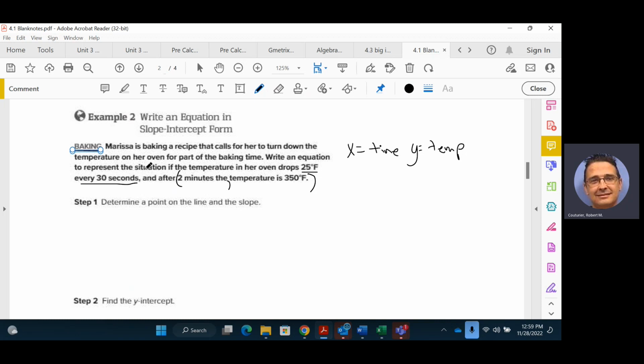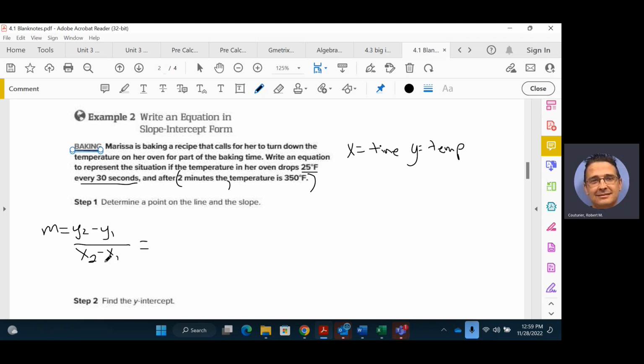This part here, this even sounds like a fraction to me. If 25 degrees every 30 seconds. If this is your y's, remember our slope formula. m equals y2 minus y1 over x2 minus x1.